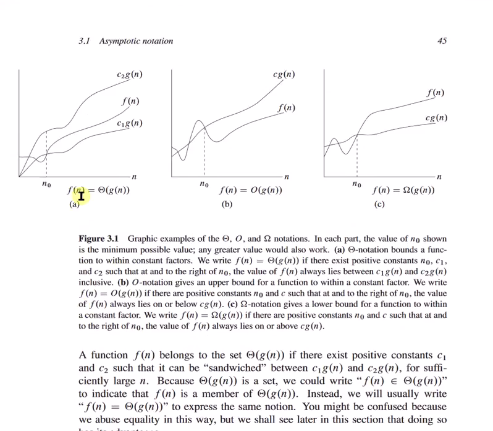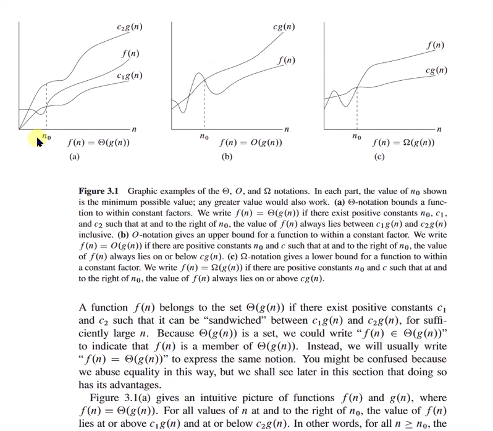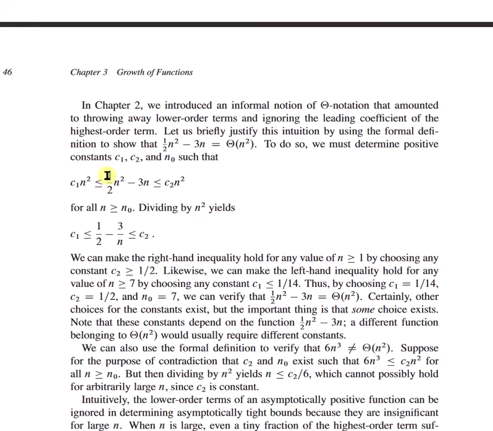What this means for me is that when they're trying to simplify this function, half n square minus 3n, they're trying to prove that it doesn't come below a certain point, it doesn't go above a certain point, it is tightly bound to the function n square.